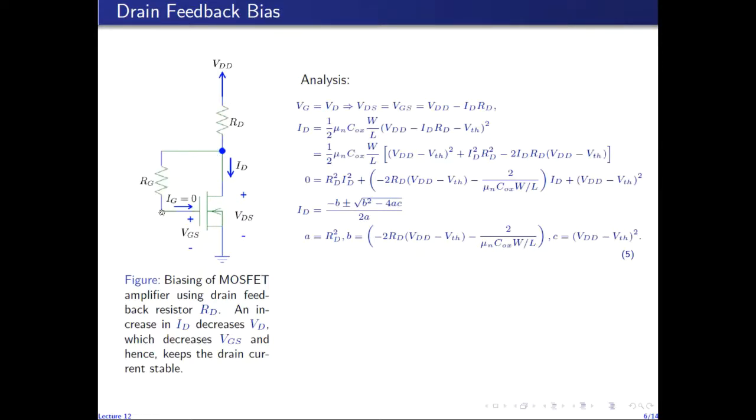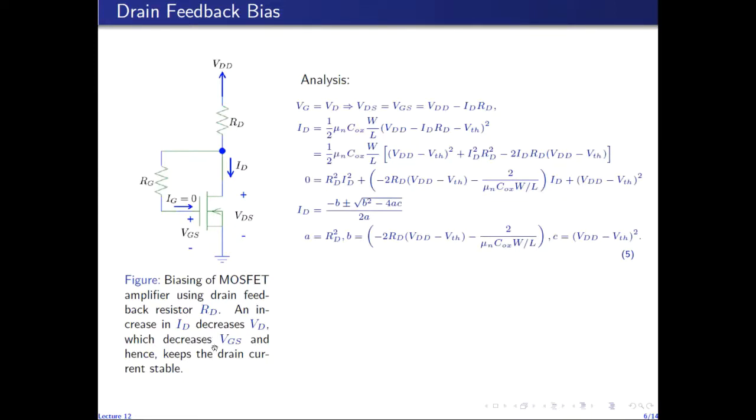So VG is equal to VD, which means that VGS is equal to VDS. And since VDS is given by VDD minus ID RD, VGS is also given by VDD minus ID RD. So again, you can see that VGS has a dependence on ID.